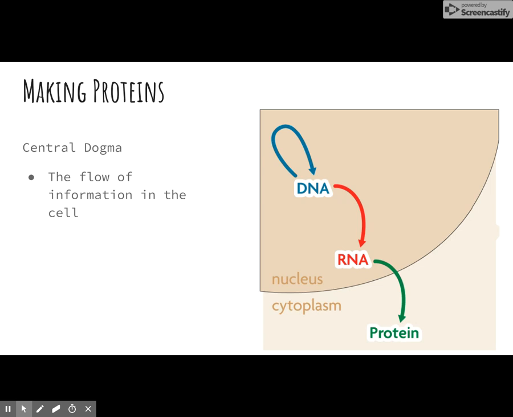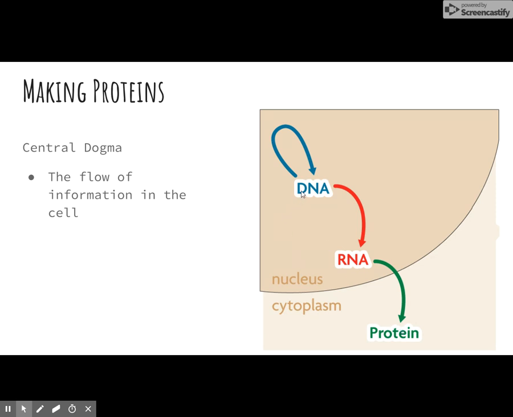The same kind of thing has to happen in your cell. You have to take the instructions found in your DNA and convert them to a language your cell can use, which we call RNA, before they can actually make that piece of furniture, in this case, our protein.